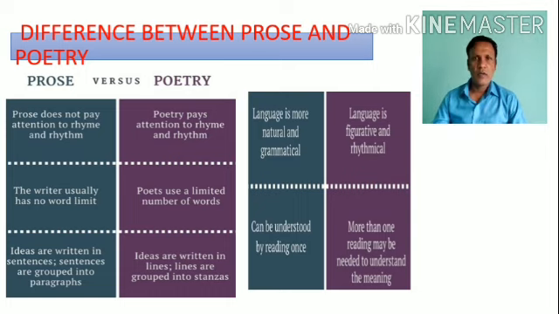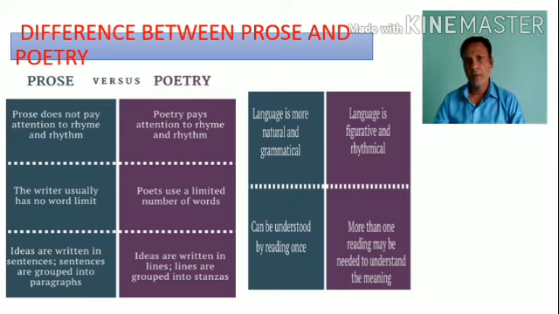The literal meaning will obviously be that the color of her dress is black, but if you look deeper, you will get another meaning. You will come to know that the poet perhaps wants to convey that her nature is black, her heart is black, she does not have a fair nature, she is having a crooked mind.